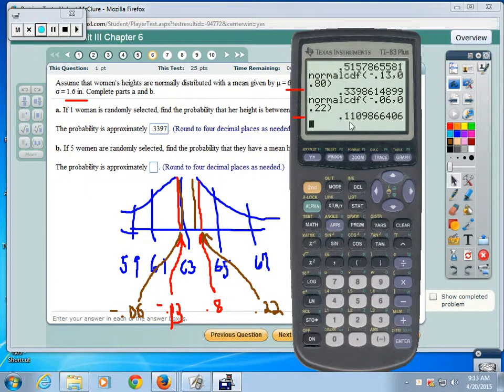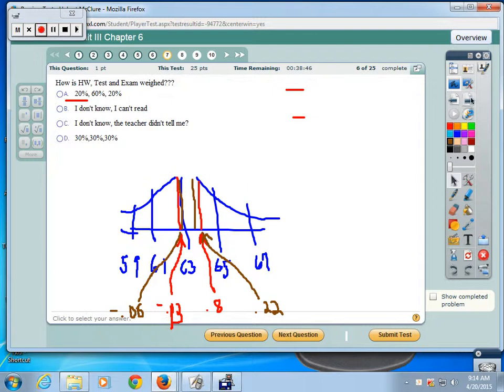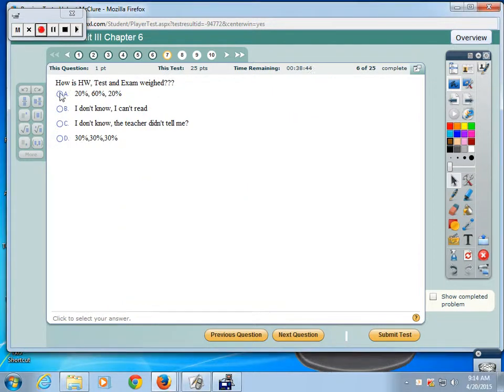And that area comes out to be 0.1110. Next question. That's pretty simple.